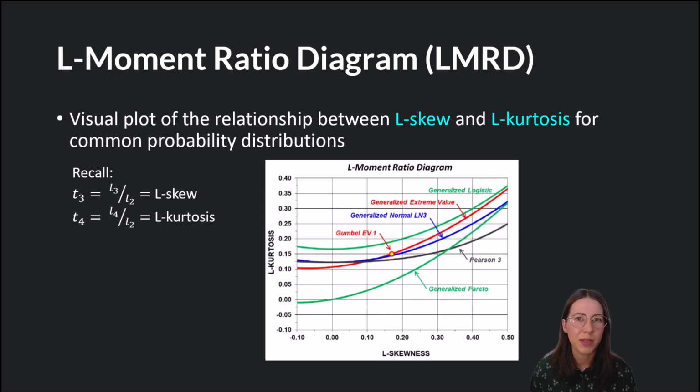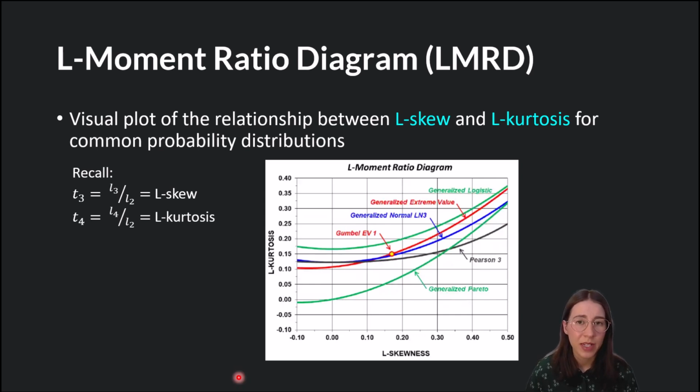A tool that we typically use in regional frequency analysis to evaluate probability distributions is called the L moment ratio diagram, the LMRD. This is a visual plot of the relationship between L skew on the x-axis and L kurtosis on the y-axis. If you recall, these are the third and the fourth L moment ratios.